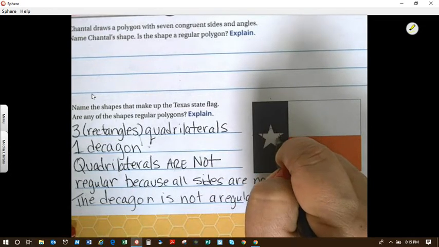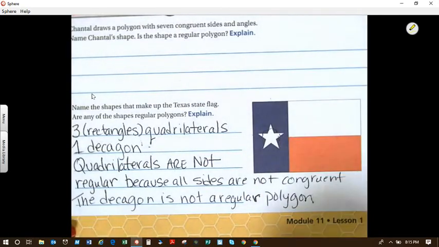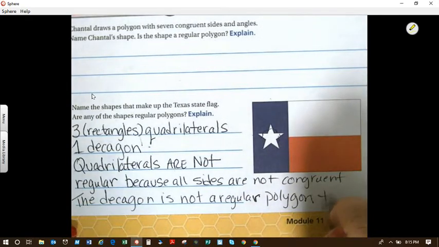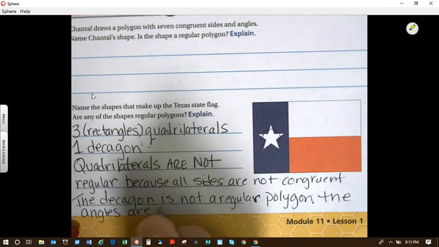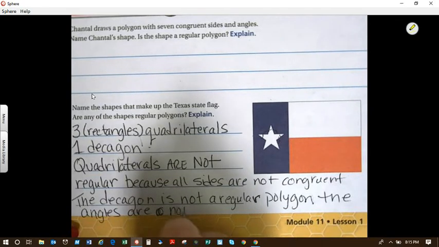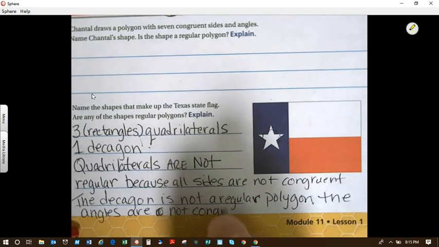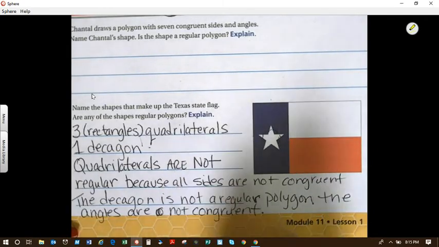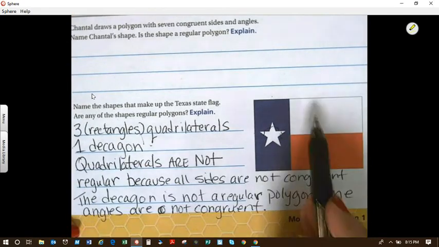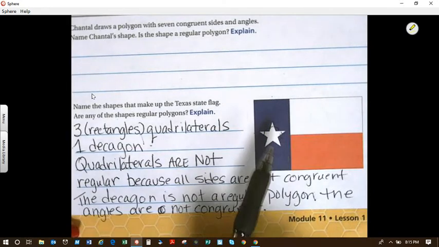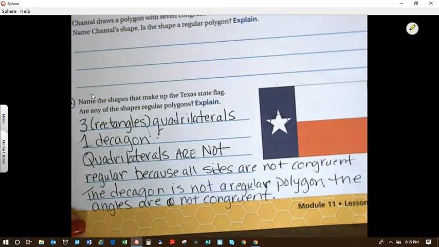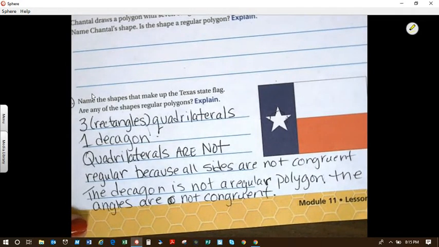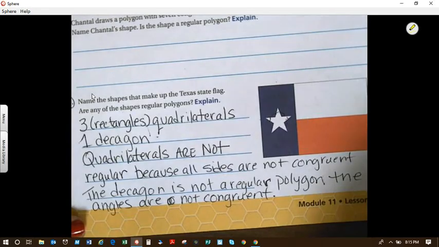Acute, obtuse. Okay, so the angles are not congruent. Okay, so we have 3 rectangles that make up this Texas flag, and we have 1 decagon, which is our star, that makes the Texas flag, but none of them are regular polygons. They're all irregular polygons. All right, does that make sense?